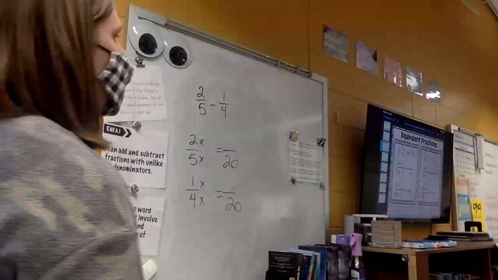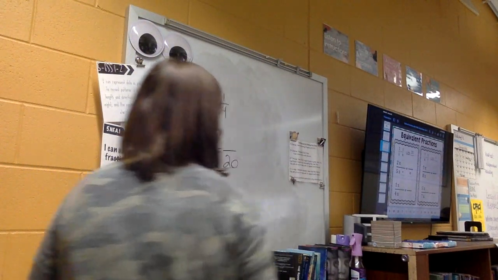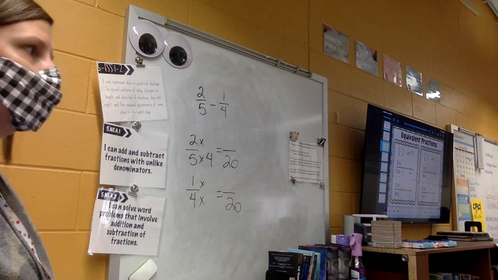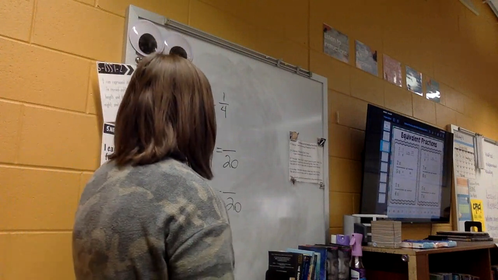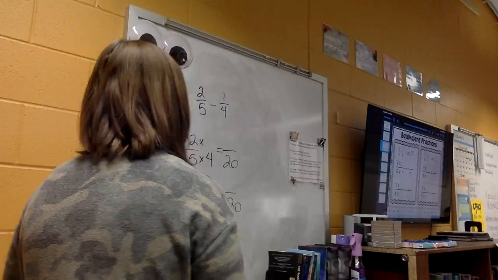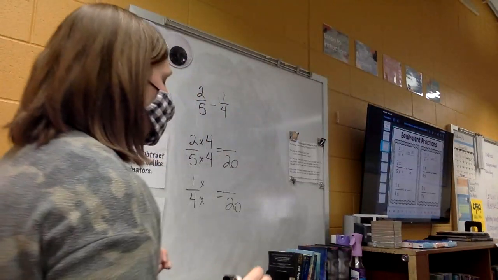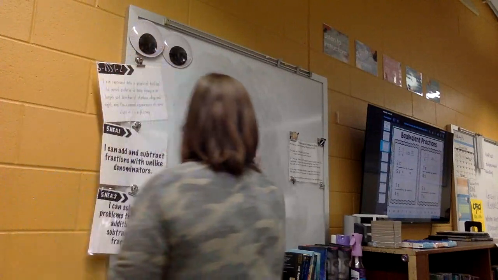Now, it also tells me that already. That 5 times 4 is 20. So 2 times. Okay? So, what do I have to multiply my 2 by? 4. Whenever I multiply my denominator by something, I have to multiply my numerator by it. So, what's 2 times 4? 8.